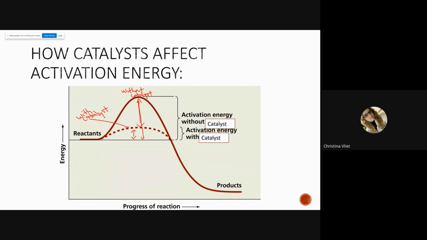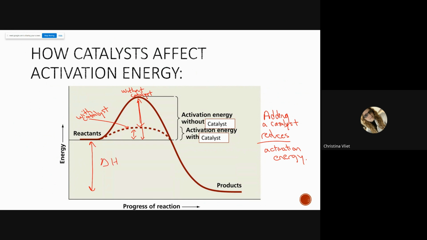So adding a catalyst changes the amount of energy needed for the reaction, and specifically reduces the activation energy. It doesn't change the enthalpy at all. Does the enthalpy of the reaction change as a result of adding a catalyst? Yes? Enthalpy is from here to here, right? This is where delta H is.